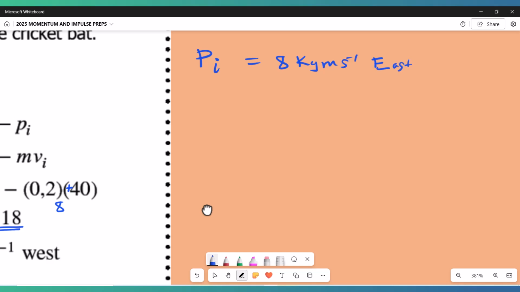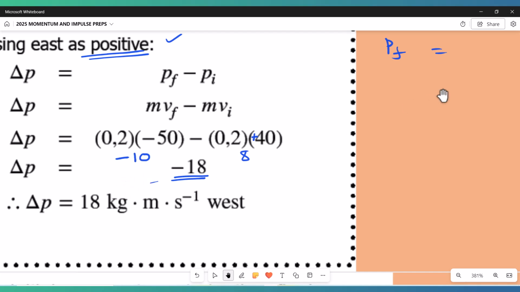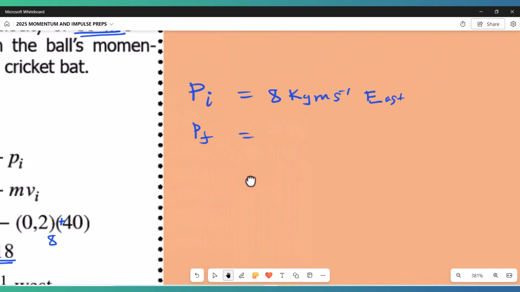And then our P final, or final momentum, we saw it is negative what here? Hope it was negative 10. Hope you remember this. It's negative 10 here, right? So I'm going to put here negative 10 kilogram meters per second. Okay, so because of the negative, I don't put the west, but it means it's going to the west.